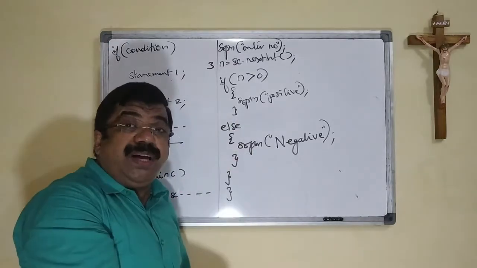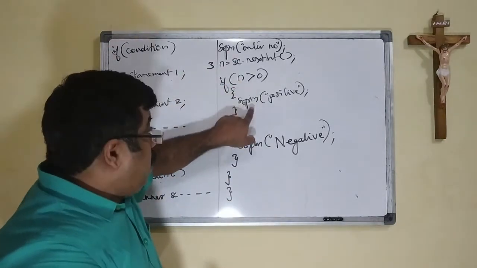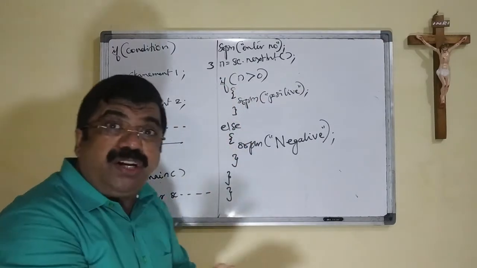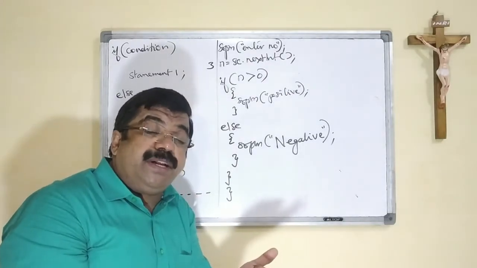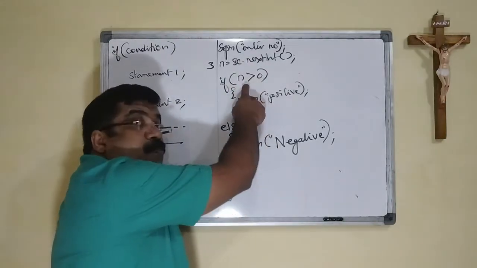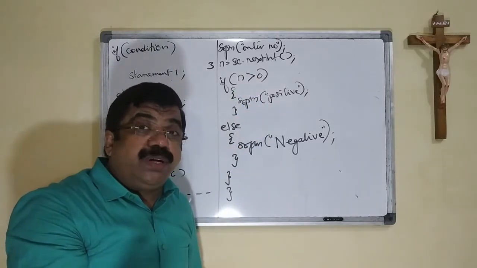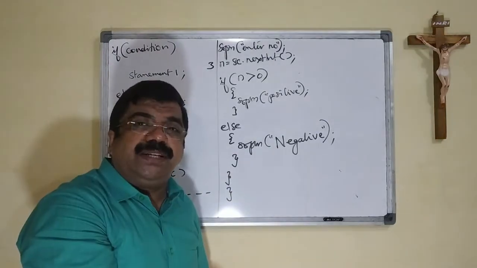The else part will not work. When the condition is true, the true part is executed, and at that time the else part will not execute. So that is the nature of the if-else statement. Either the true part or the false part only will be executed. That is why we call it a selection statement.